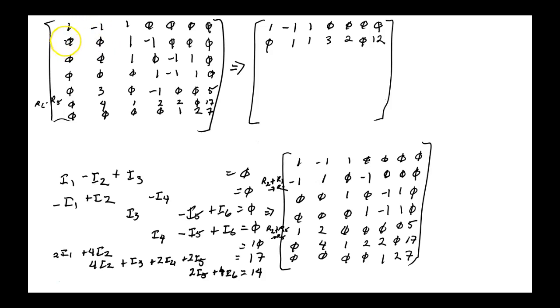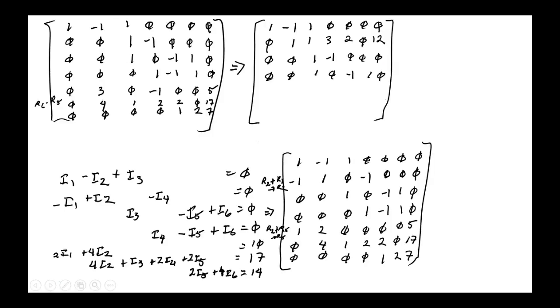So row 2 now becomes my row 3. So that's going to be 0, 0, 1, minus 1, 0, 0, 0. Row 3 becomes my row 4: 0, 0, 1, 0, minus 1, 1, 0.